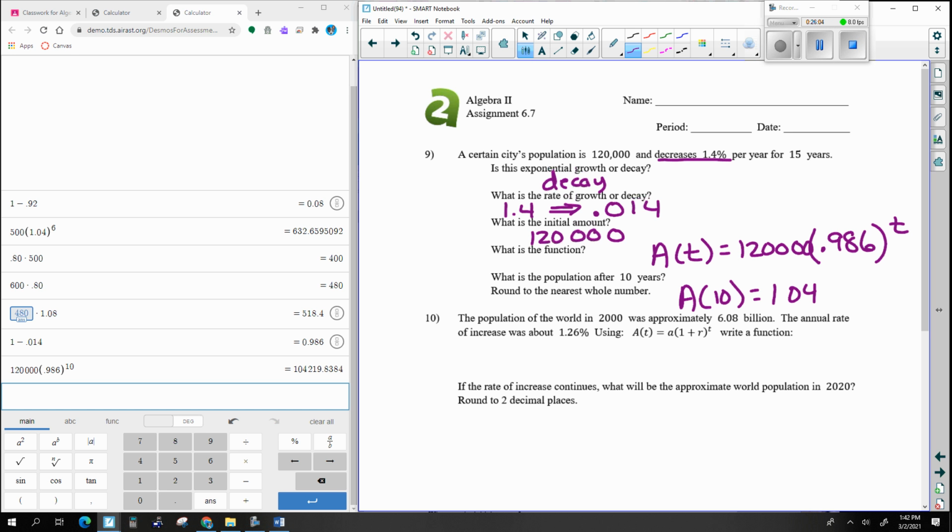That gives 104,219. To the nearest whole number, it'd be 104,219.